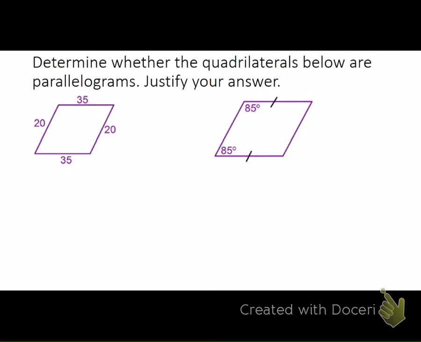Why? It is a parallelogram because what? They're the same number. They are congruent. Be careful. So, first of all, you need to realize that these are marked congruent, not parallel. But if you have two sets of opposite sides congruent, then it's a parallelogram.